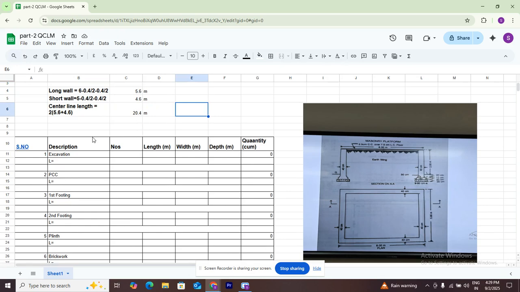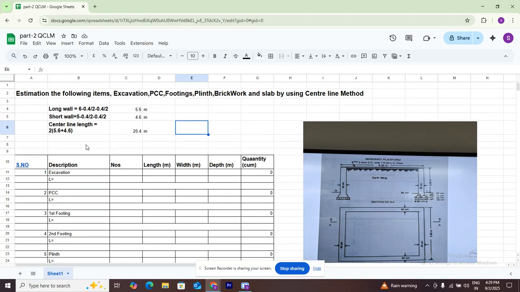This is the first part, calculating by using the center line. The next part, part 2, will be by the long wall and short wall method.